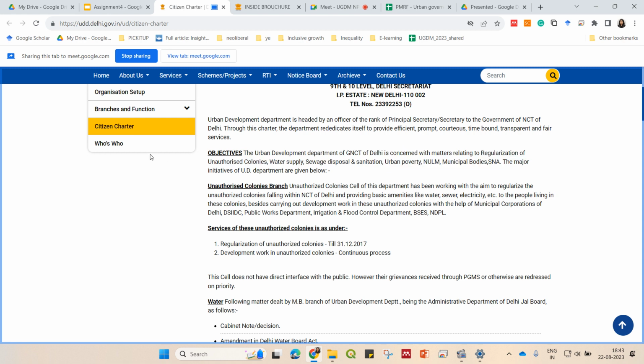So you can see here they have articulated very clearly which are the matters which come under their purview, or which are the services which they will be providing to the citizens of NCT of Delhi.